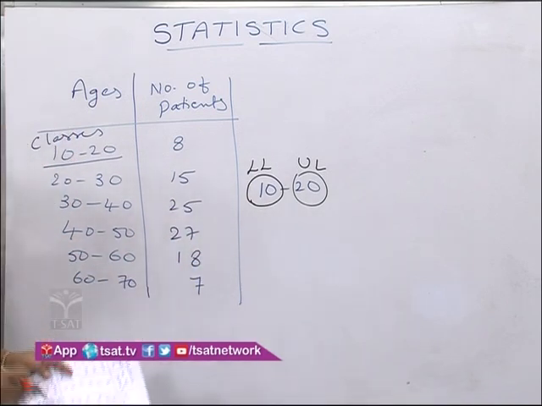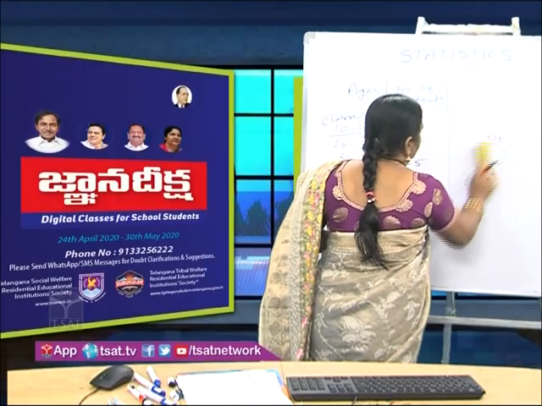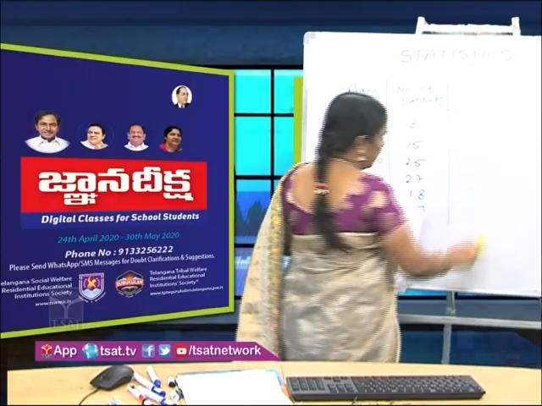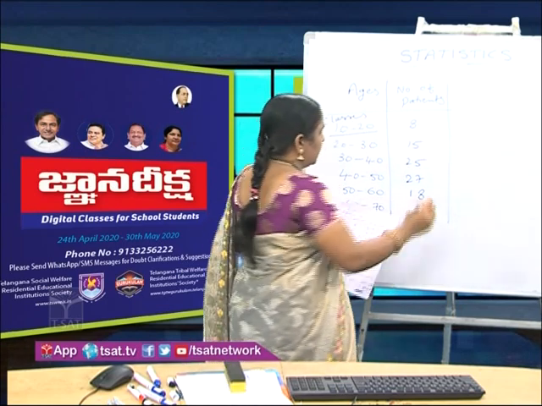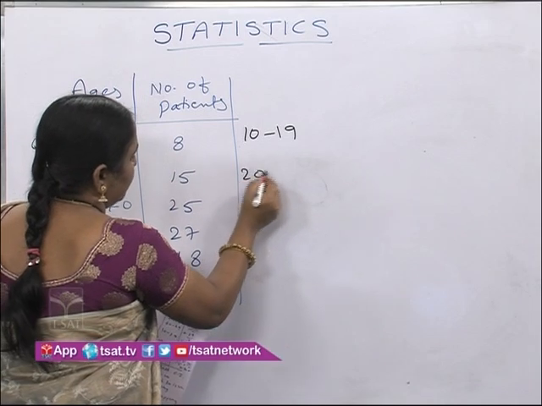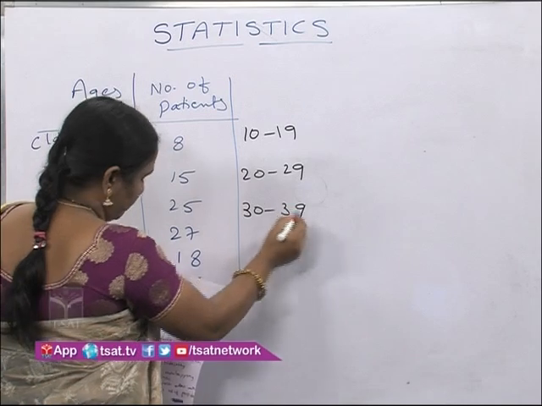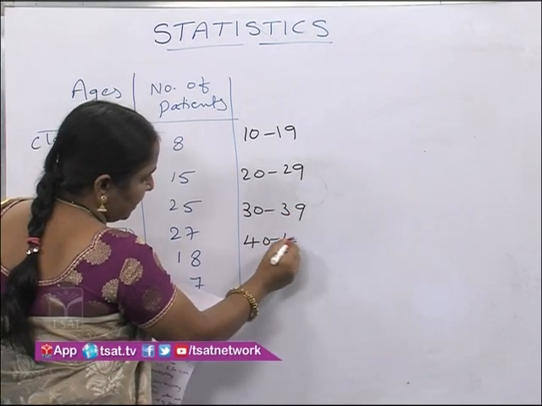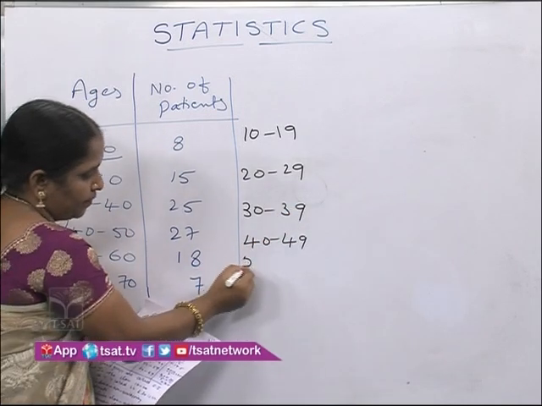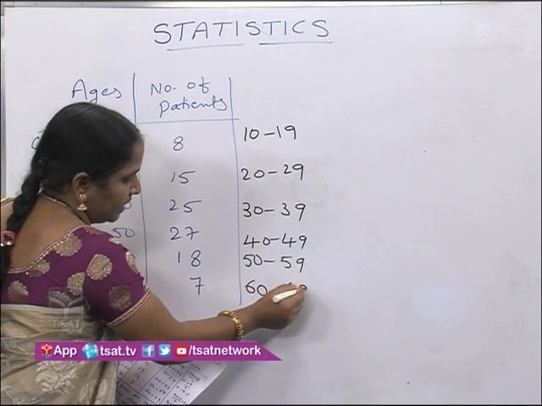And this type of data can also be written in another way. Let me show you. Instead of taking 10 to 20, I can take 10 to 19, 20 to 29, 30 to 39, 40 to 49, 50 to 59 and 60 to 69.